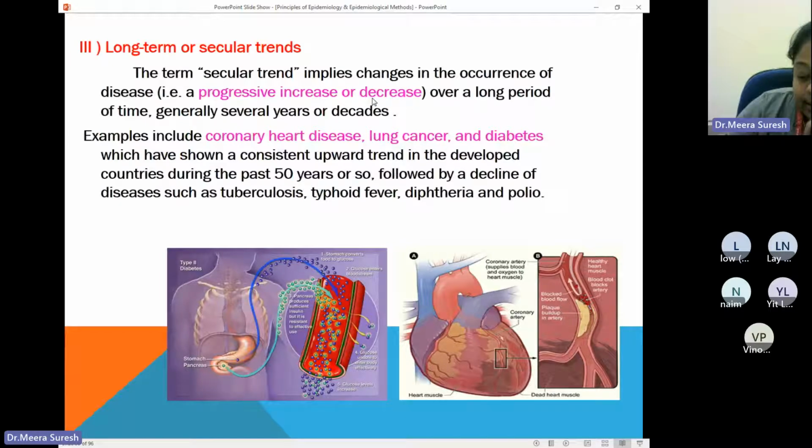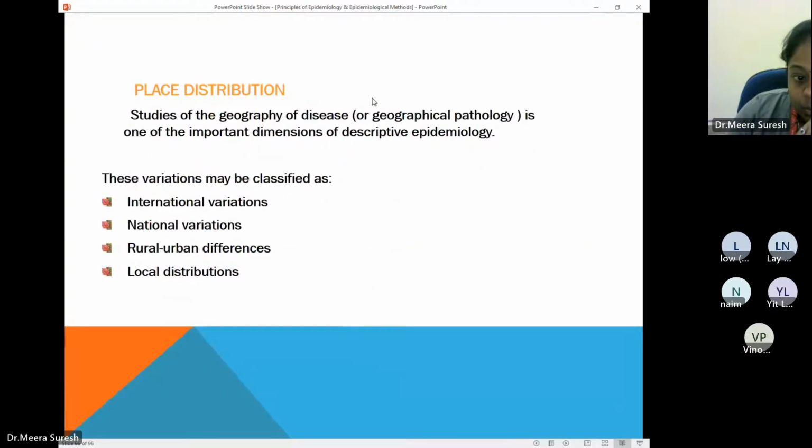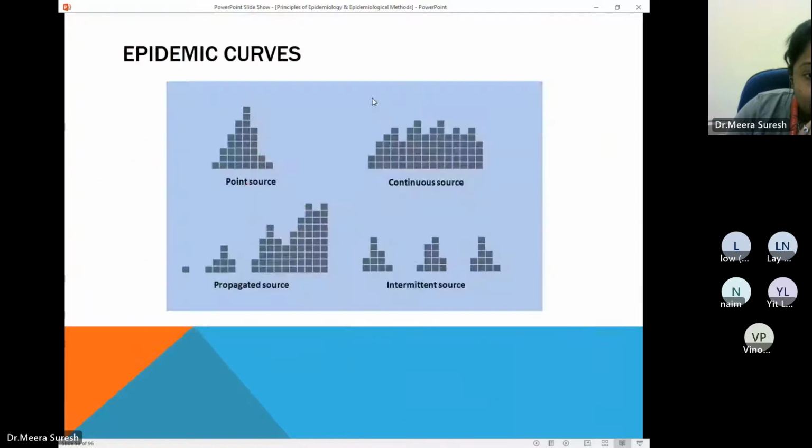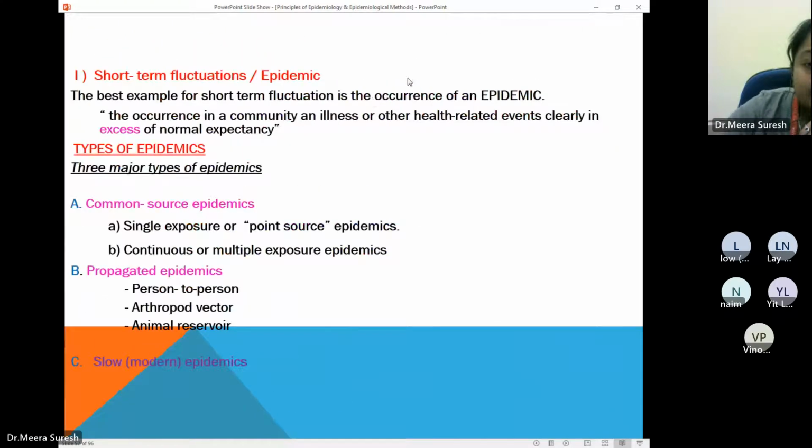When we were discussing the earlier division, that is the short-term increase, though we said slow, what is the exact term? Slow or modern epidemics. So there it clearly indicated the NCDs, the slowly arising epidemic itself. And epidemic means there are excessive cases.